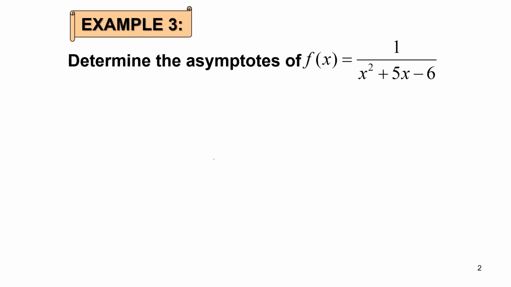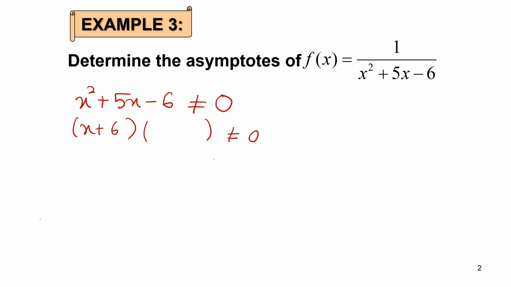For this function, x squared plus 5x minus 6 cannot be 0. By doing factorization, we have (x plus 6) times (x minus 1) cannot be 0, so x cannot be negative 6, and x cannot be 1.